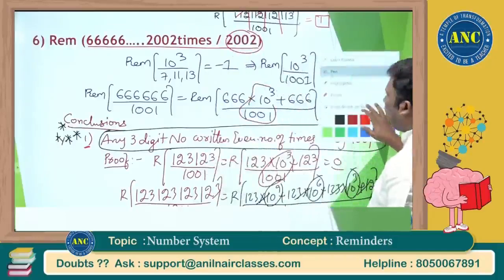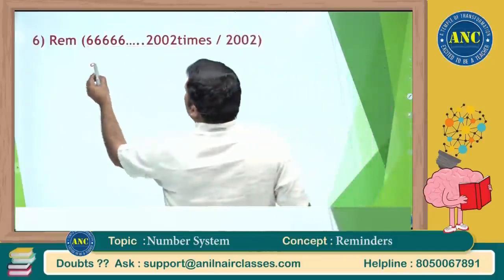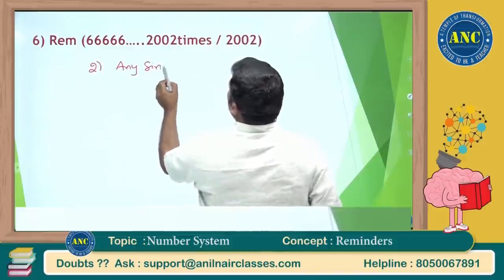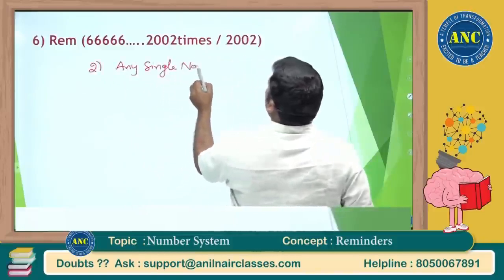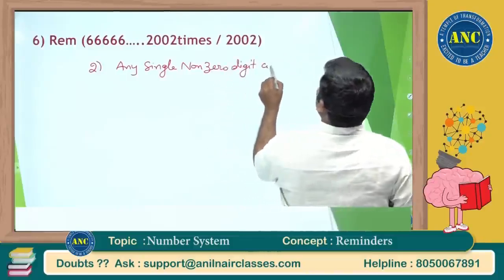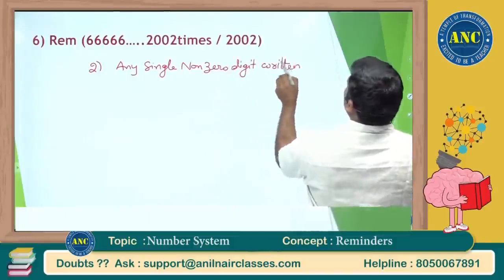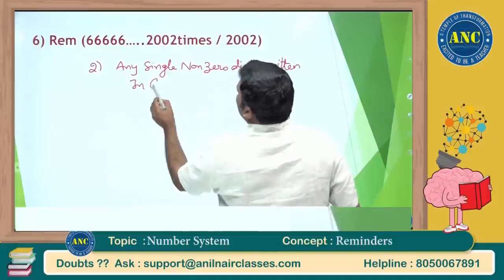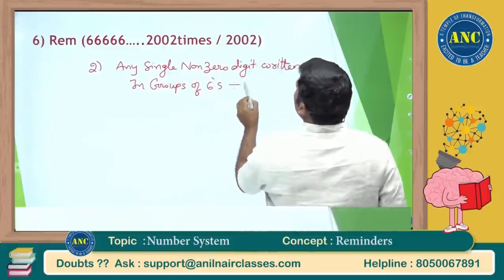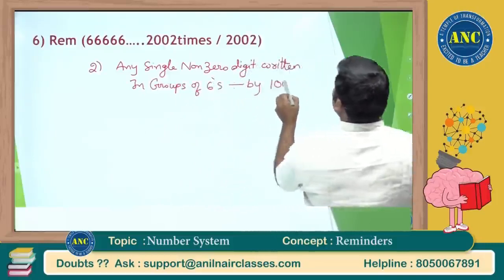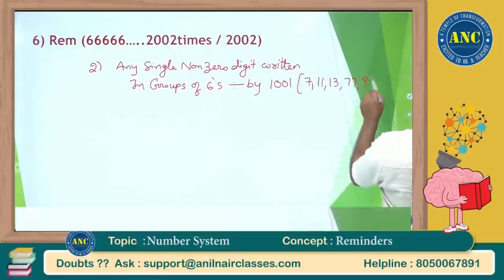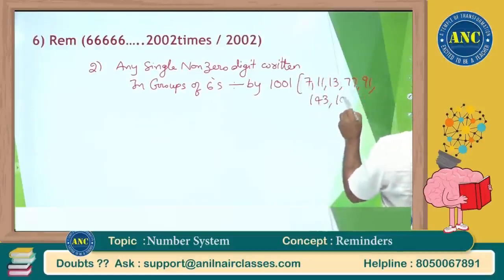Second conclusion: any single non-zero digit written in groups of 6 is always divisible by 7, 11, 13, 77, 91, 143 and 1001.